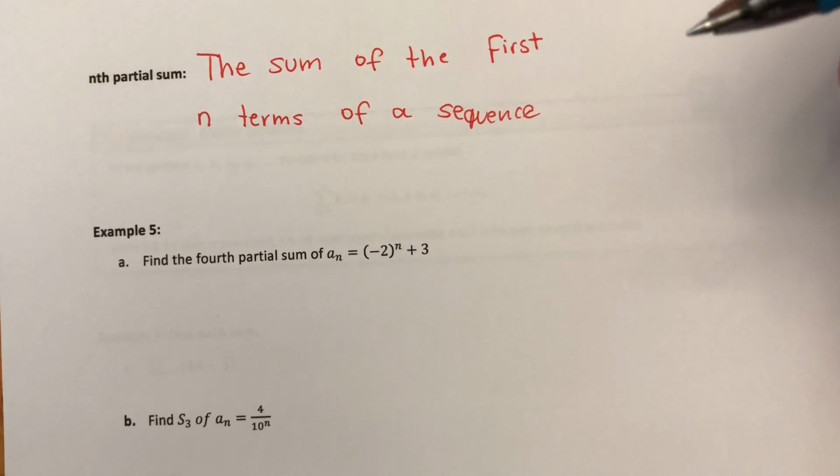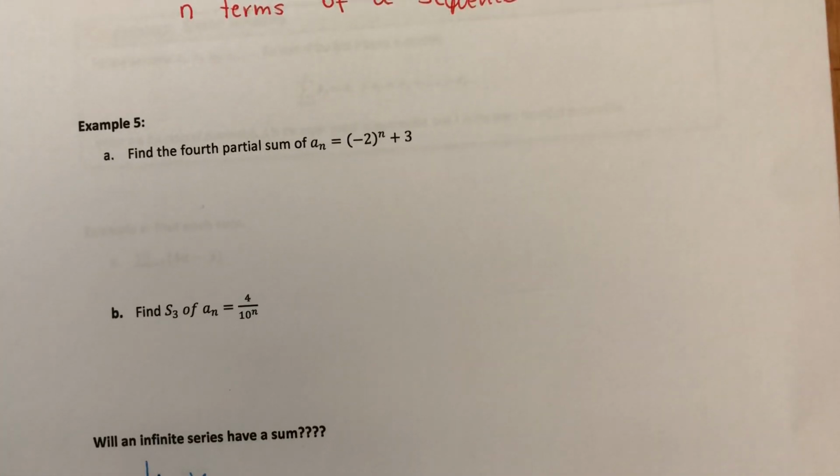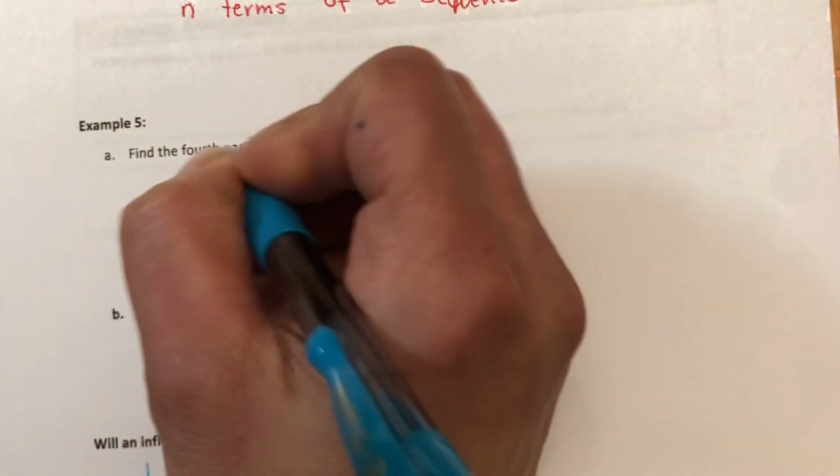If I want to find the fourth partial sum of a_n, defined as (-2)^n + 3, I am going to plug in for n first 1, next 2, then 3, and then 4, and then figure out what the number is.